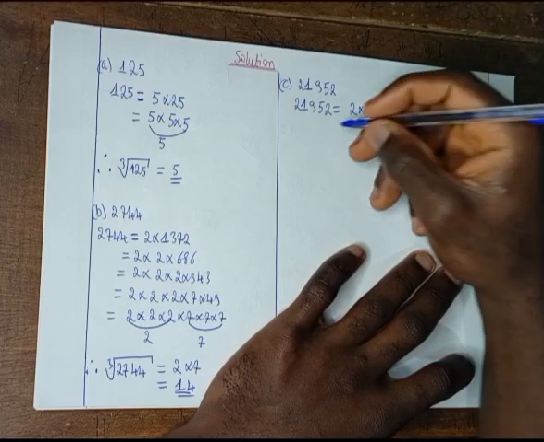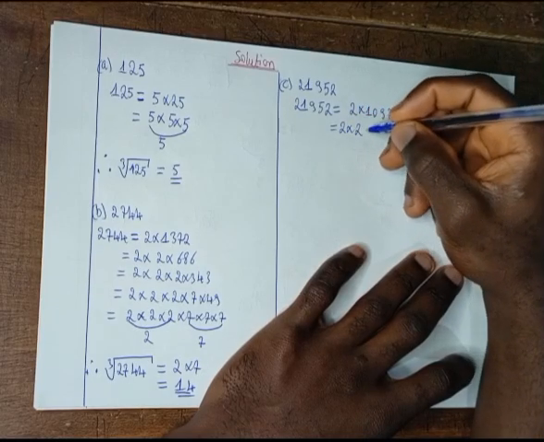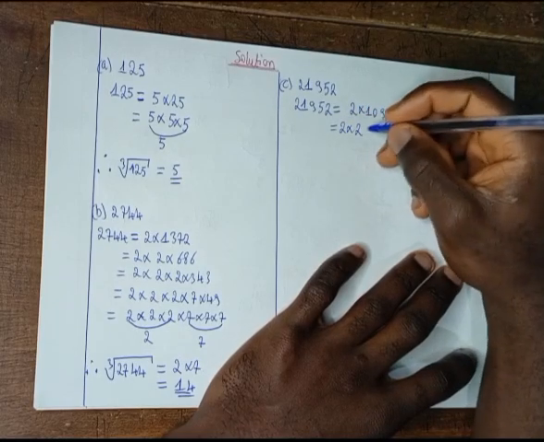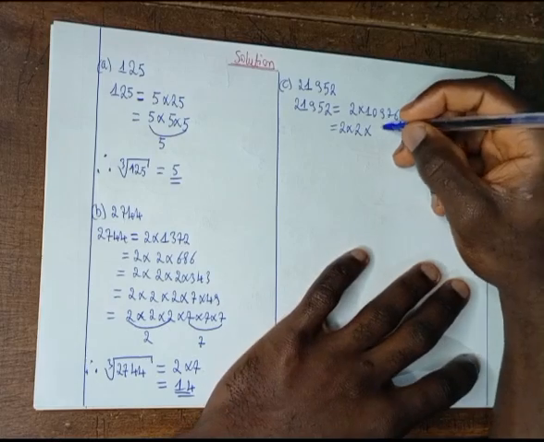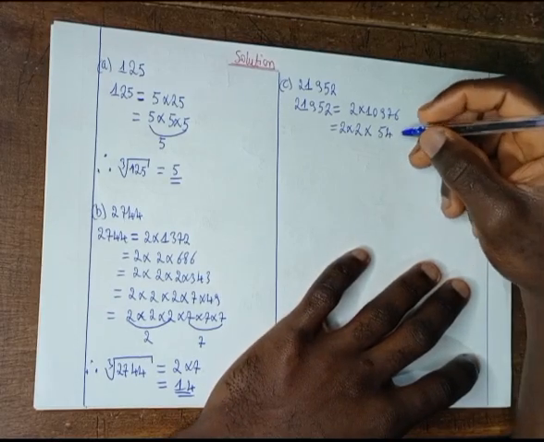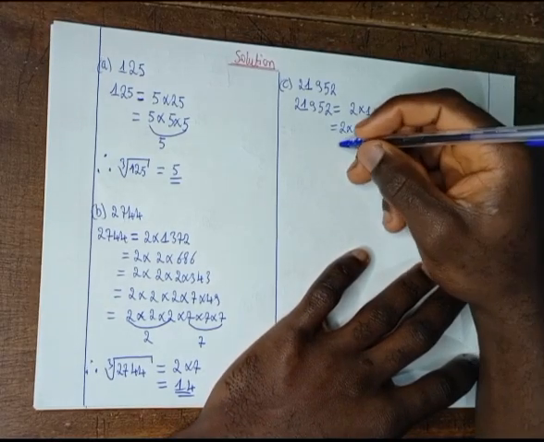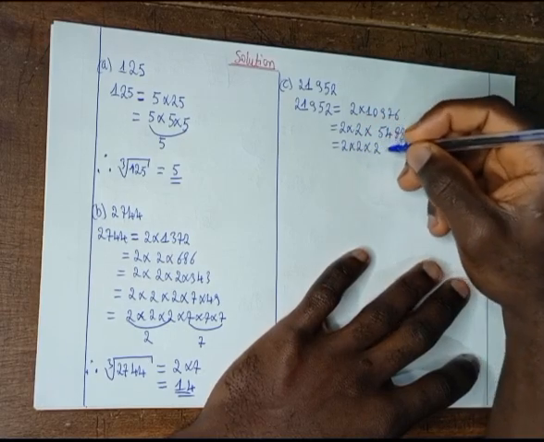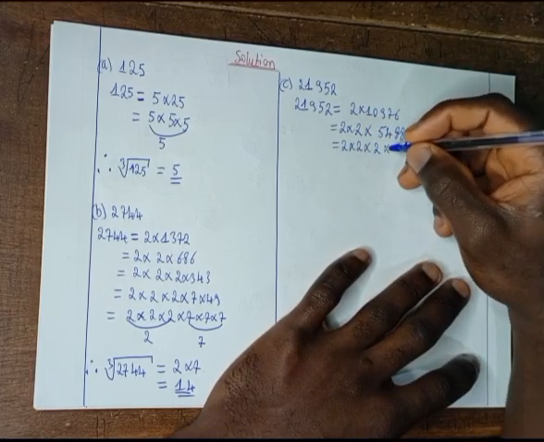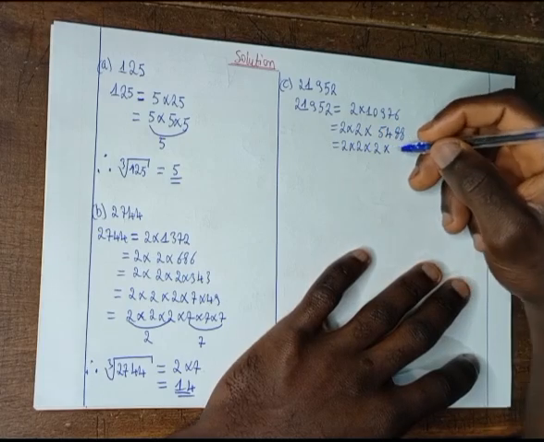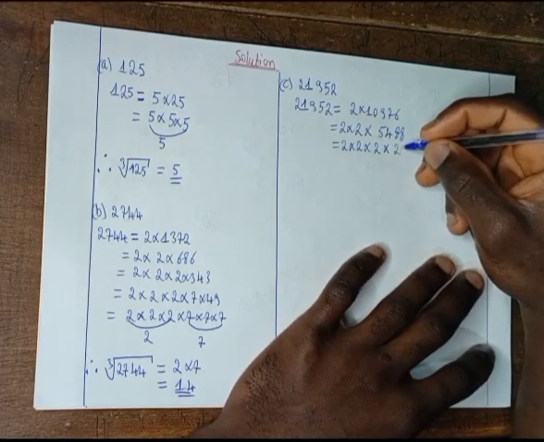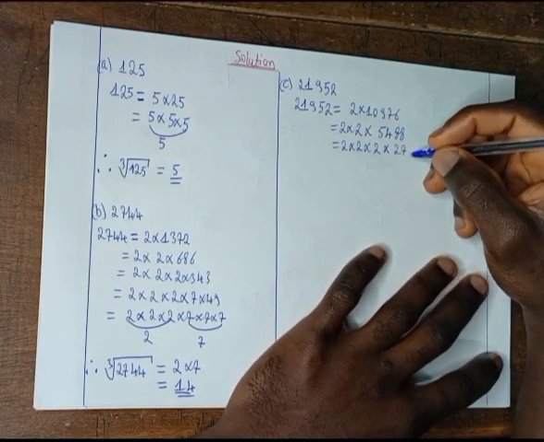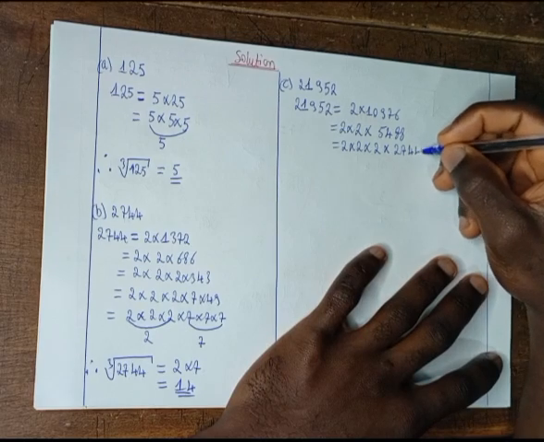We can still divide 10,976 by 2. This will give us 2 times 2 times 5,488. We can divide 5,488 by 2. This will give us 2 times 2 times 2 times 2,744.